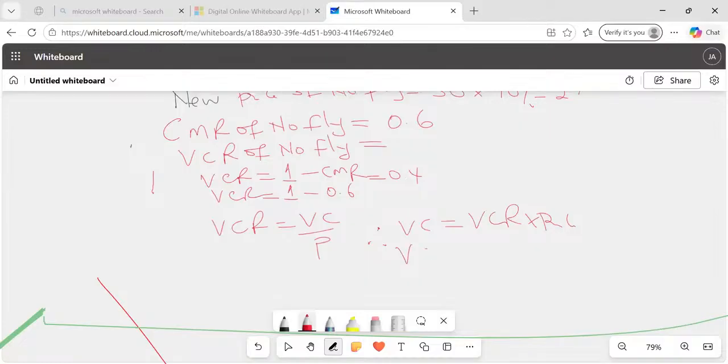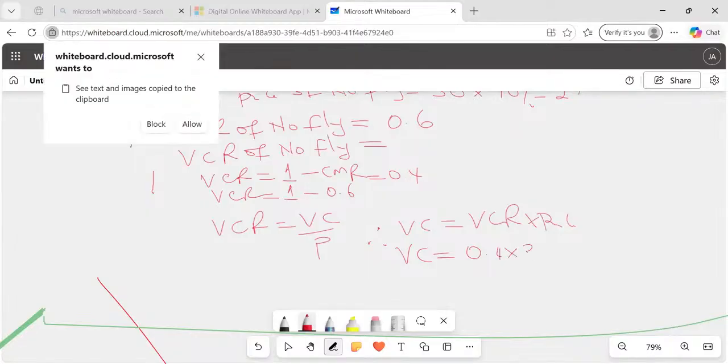So in this case, the variable cost will be 0.4 times the old price of 30, which gives me 12. And therefore now you can give us the new selling price of no fly, which we know is 27.